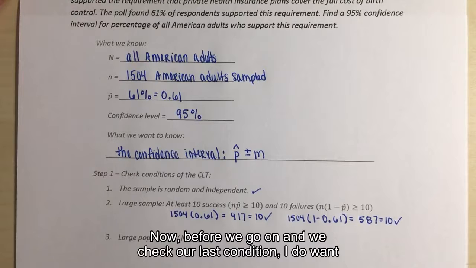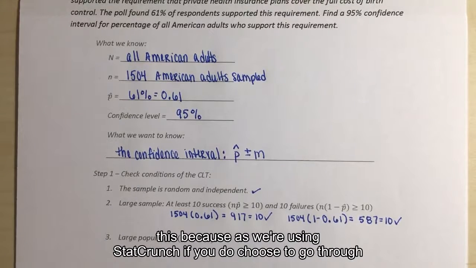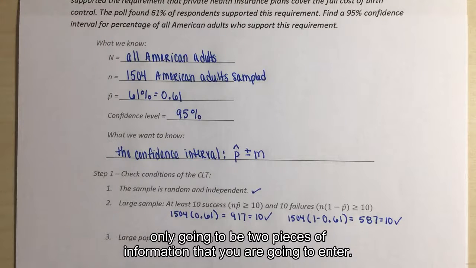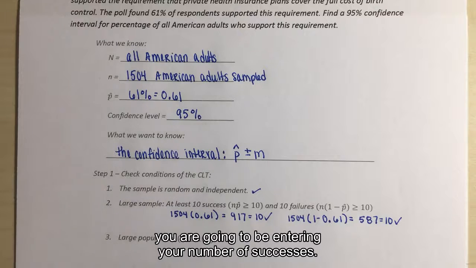Now, before we go on and check our last condition, I do want to mention one thing briefly and highlight this, because if you do choose to go through these problems using StatCrunch, there's only going to be 2 pieces of information that you are going to enter. You are going to be entering your sample size and your number of successes.